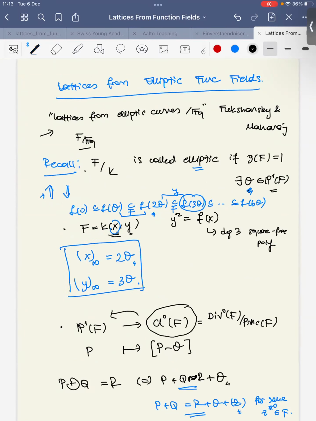We know that the pole divisor of x is 2O, which means VO of x, working with discrete valuation maps, is minus 2, and for any other place different from the identity, VP of x should be bigger than or equal to 0. Similarly, we have the same property for the function y.